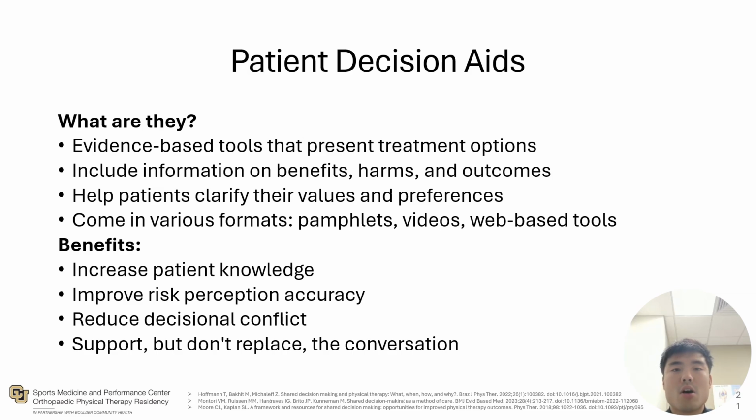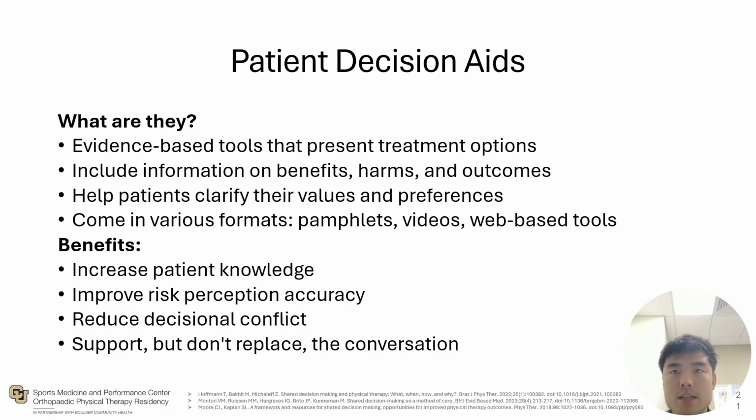Again, these are standardized and they have quality criteria that they have to meet to be considered a decision aid. A booklet or pamphlet isn't just a decision aid. Those are just information. But these decision aids can be really in-depth and detailed.